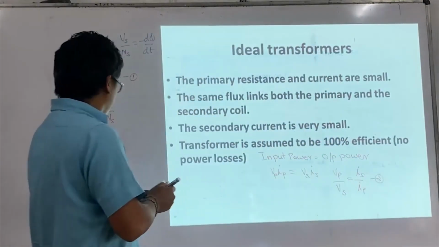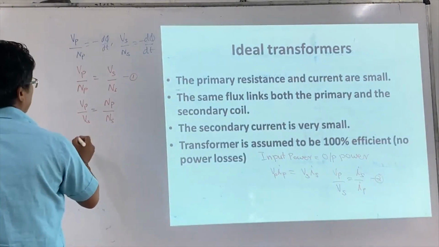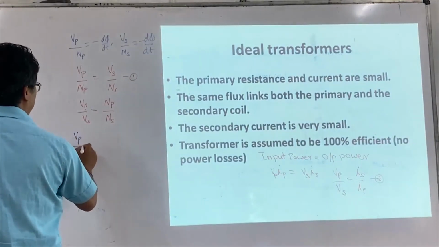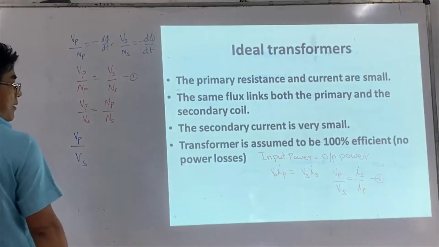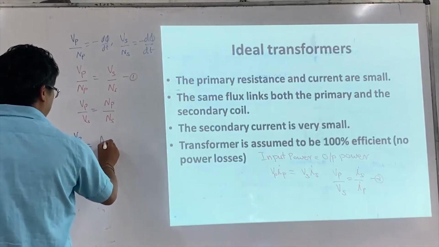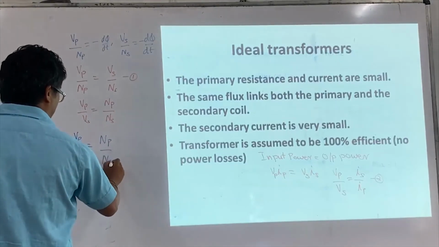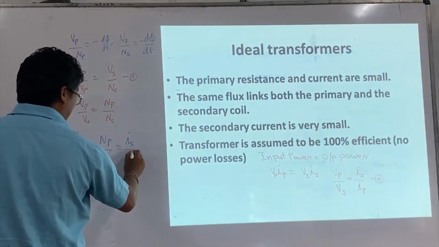Alright. So finally, what I am going to take is Vp divided by Vs, equal to Np divided by Ns, equal to Is divided by Ip.